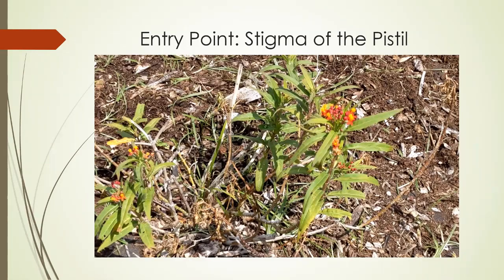Here's a case where the plant has a natural opening. The sticky tip of this pistil has to be a little open to allow the sperm to get down to the eggs. And this wilt entered the tip of the flower and worked its way down the stem from there.